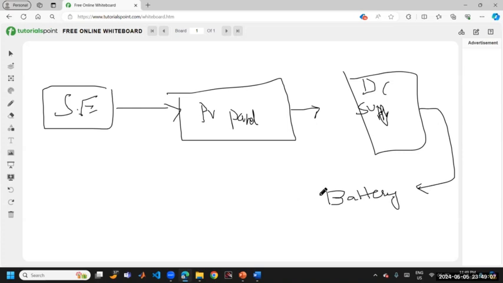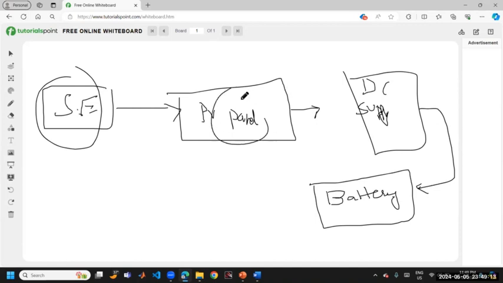This method is called the direct method. So first solar energy, next stage PV panel, next the supply produced, that is DC supply, and next it will be given to the battery. So this is about the direct method.